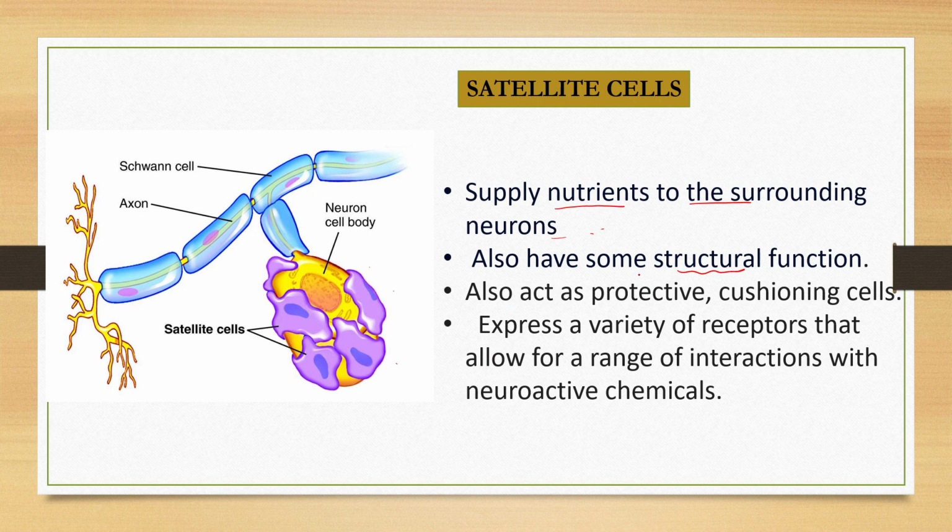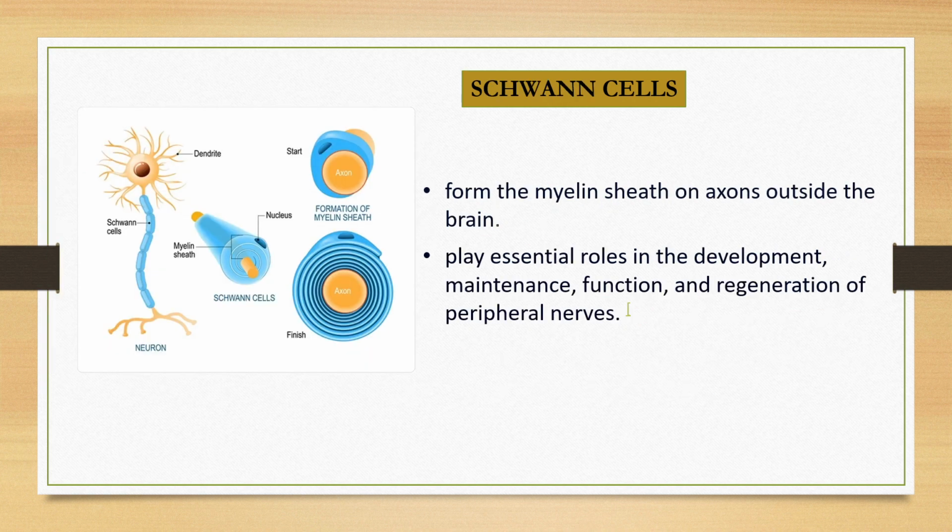They can act as protective and cushioning cells, and besides this they also express a variety of receptors that allow a range of interactions with neuroactive chemicals. So it acts as a receptor, as a protector, as a cushioning cell with structural function, and it also provides nutrition to the surrounding neurons.